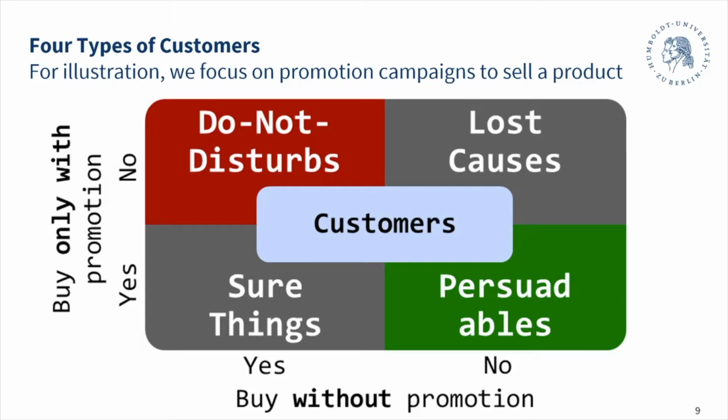We do see this group of people in the data, so they exist. And the only group where targeting makes sense is the group of persuadable customers who would not buy without a promotion, but do buy with a promotion. And this is the case for uplift modeling. We should build models that do not predict whether somebody buys or not, but we should build models that identify persuadables. Easy to understand that this makes sense, I believe. Building these models is less easy, unfortunately.